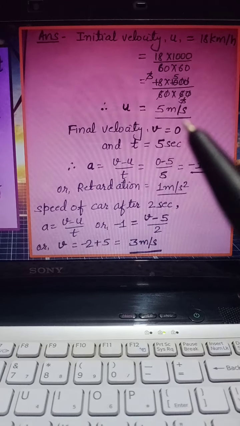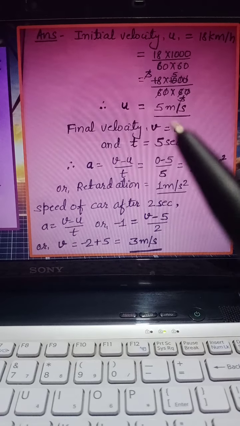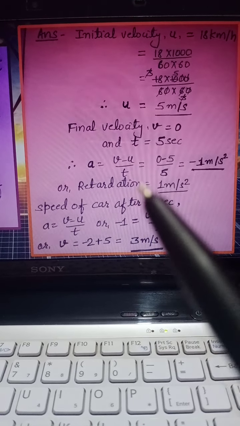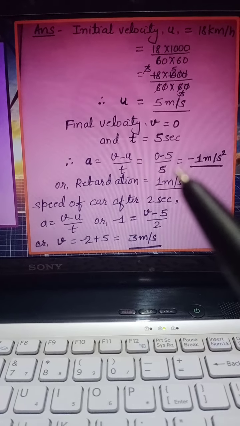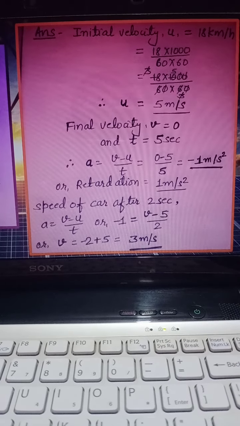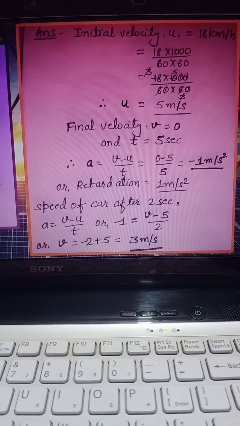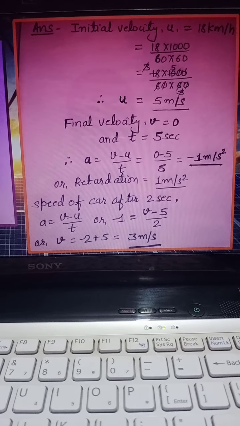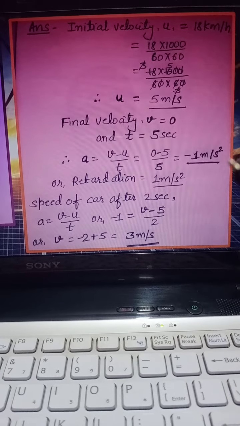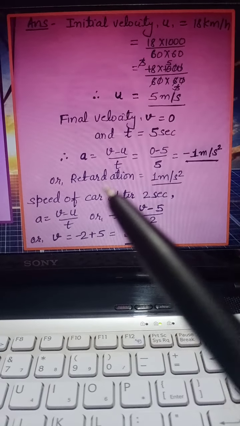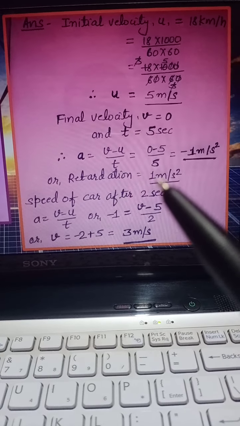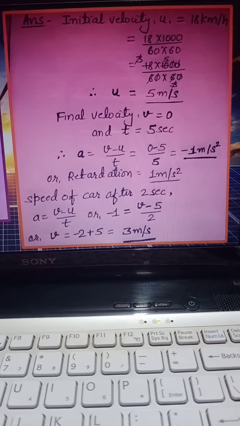Final velocity becomes 0, u is 5 meter per second and time is 5. As it is a retardation, we are going to get the answer in negative. So acceleration is minus 1 meter per second square, or retardation 1 meter per second square.